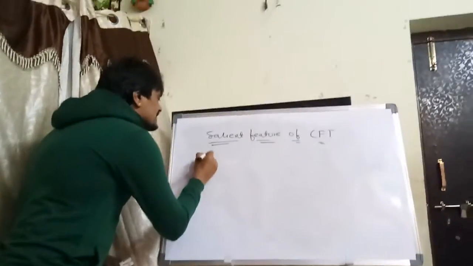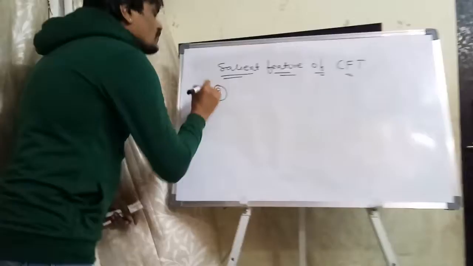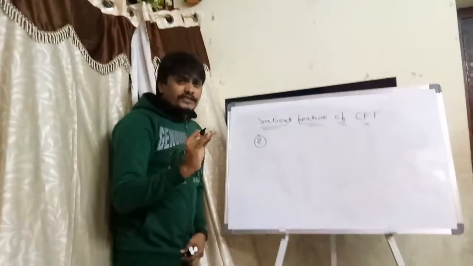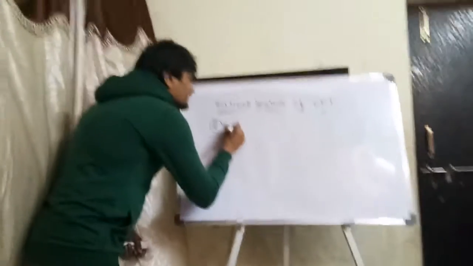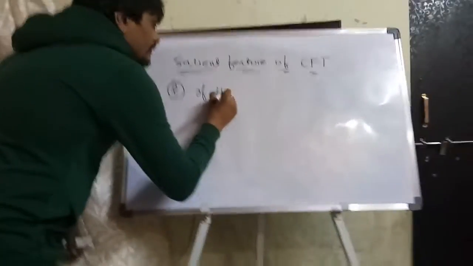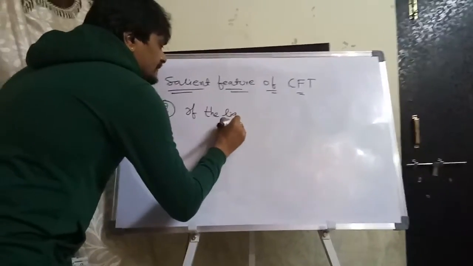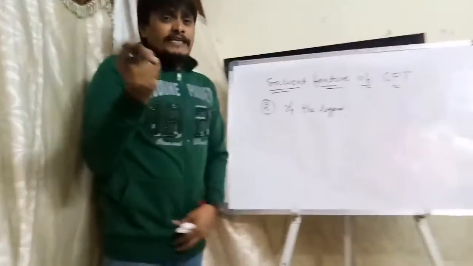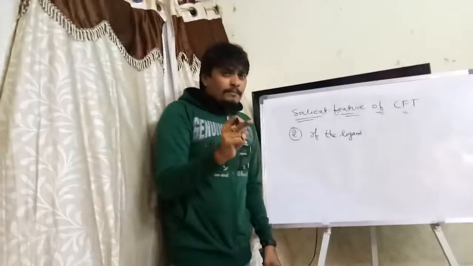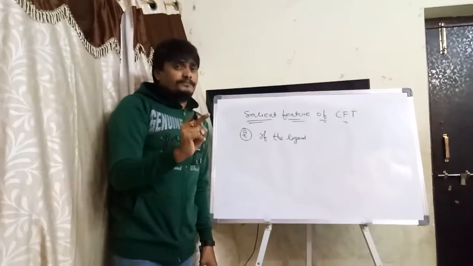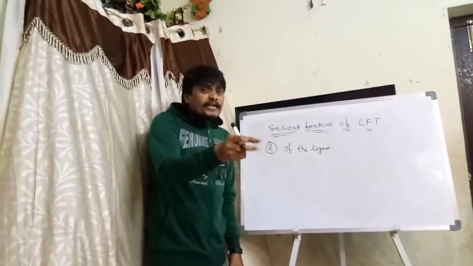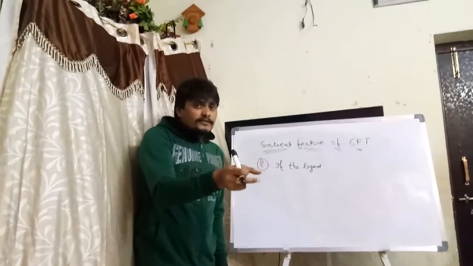Now coming to the second salient feature of CFT. Only two possibilities are there for the ligand. It can be negative or it can be neutral. It cannot be positive because it is combining with the electropositive metal.